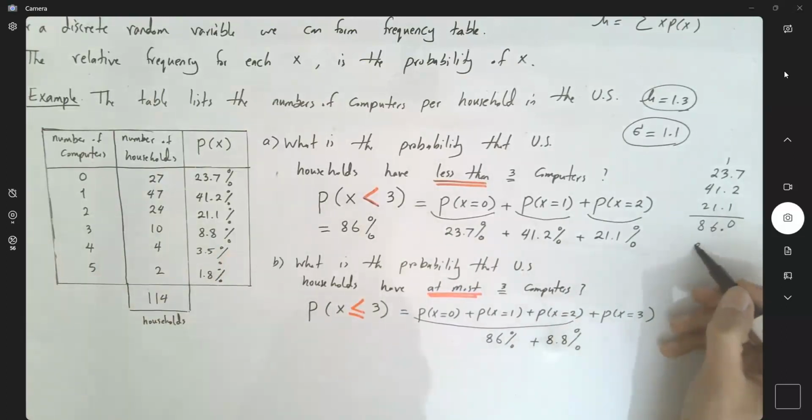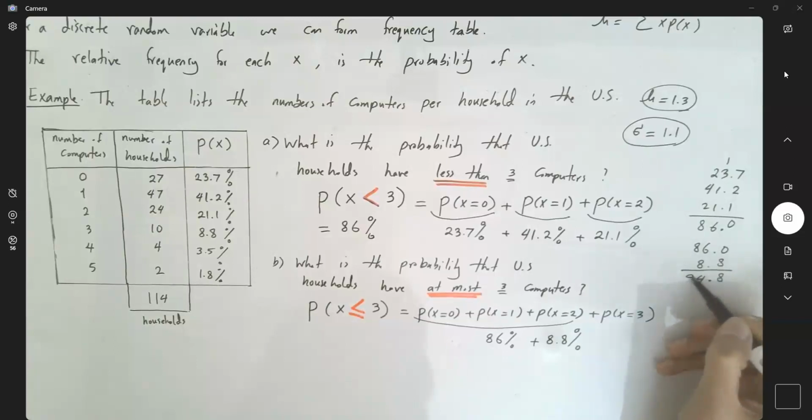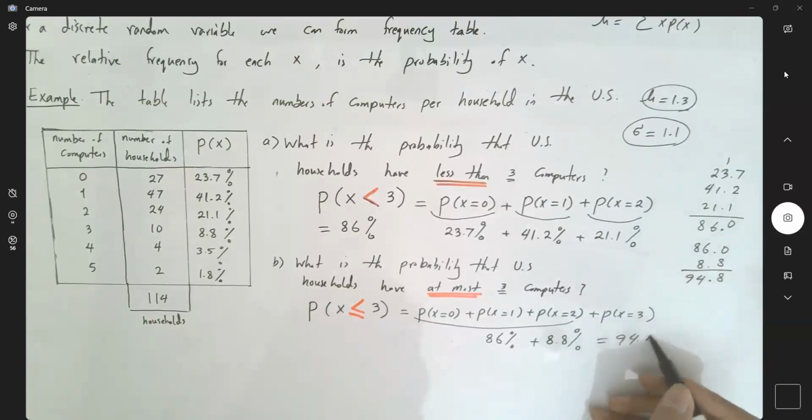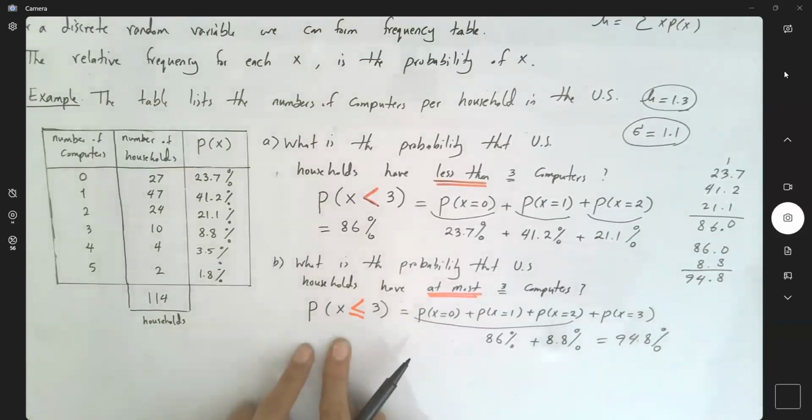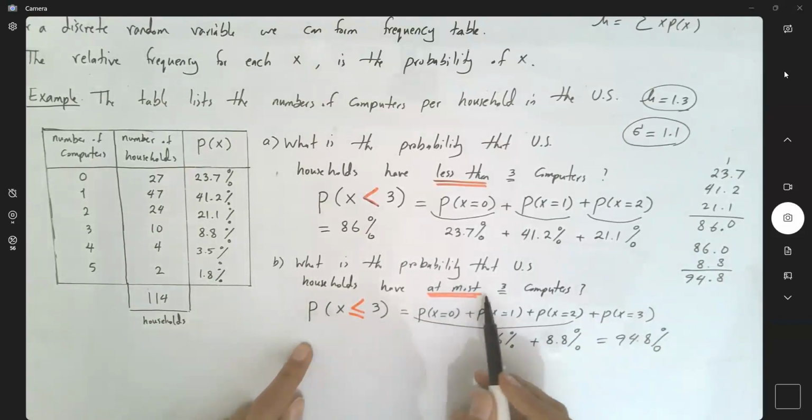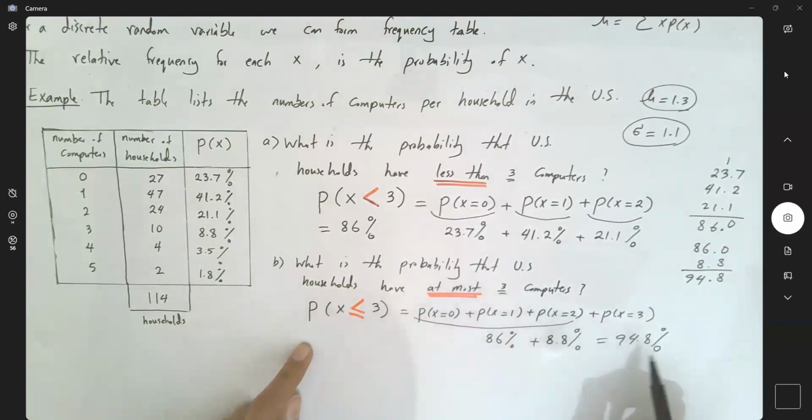If you add these together, 86% and 8.8%, you have 94.8%. So the probability that you randomly select a household and that household has at most 3 computers is 94.8%.